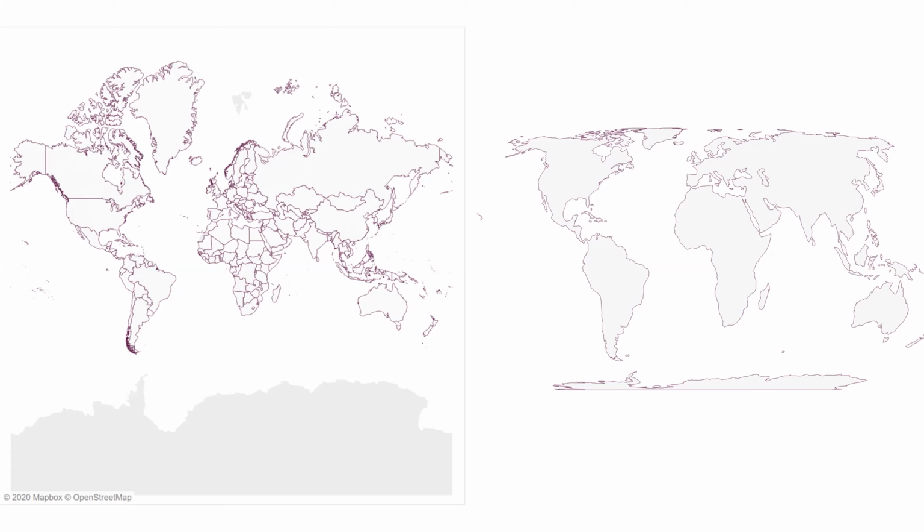On the left, notice how Greenland appears to be equal in size to the entire continent of Africa. In reality, Africa is actually around 15 times larger than Greenland. And this has the effect of playing on people's perception of less or more purely because of the layout or the map projection that's in operation.